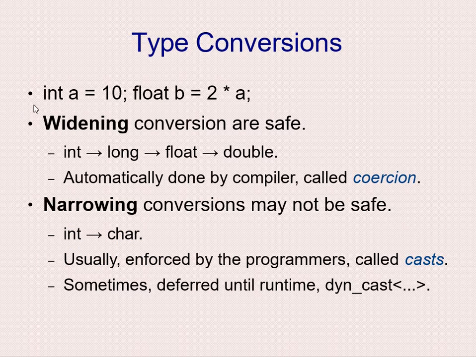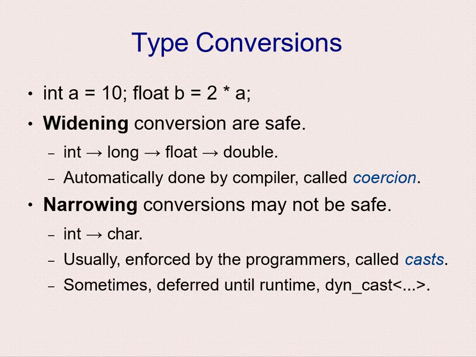Suppose we have an integer a equals 10 and a float b equals 2 into a. If we convert an integer to long, float or double, that is widening, and conversions are safe. Widening, like integer to double, is done automatically by the compiler, called coercion. The second case is converting integer to char.